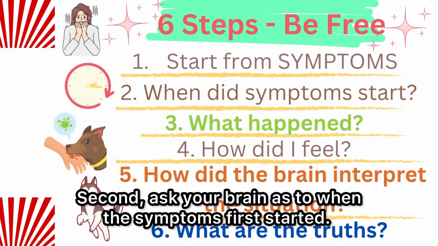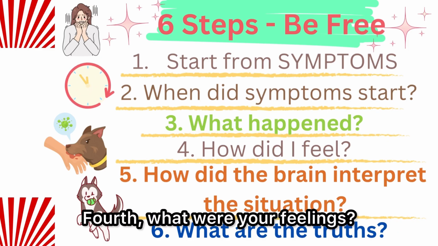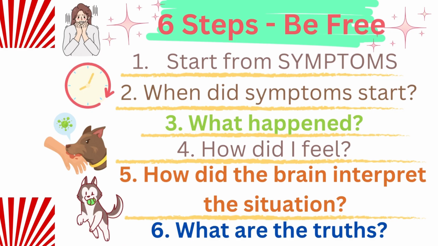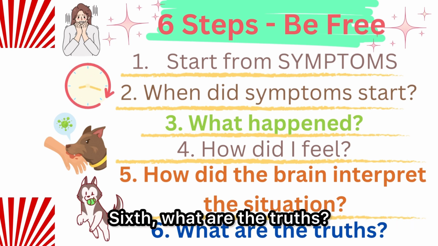Second, ask your brain as to when the symptoms first started. Third, ask your brain what actually happened. Fourth, what were your feelings? Fifth, how did the brain interpret the situation? Sixth, what are the truths?